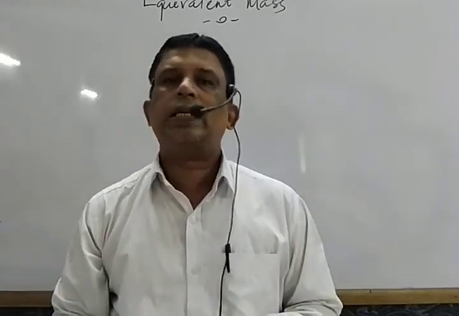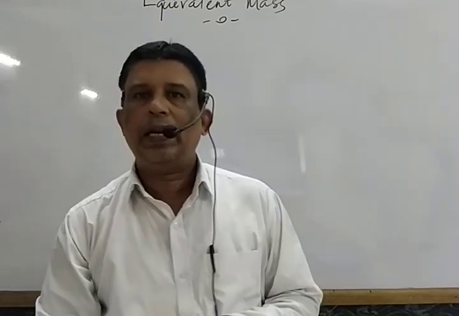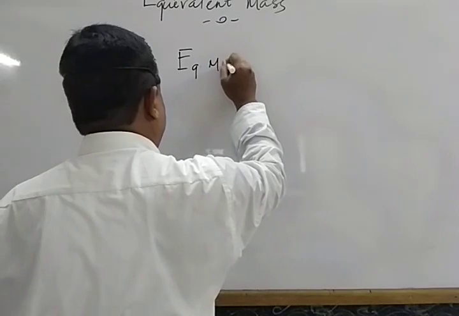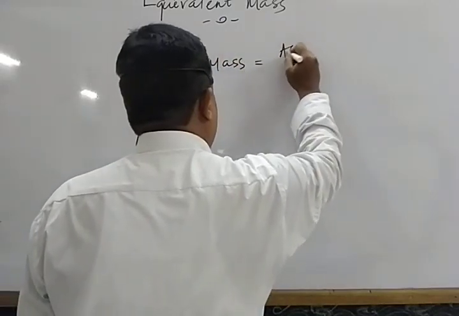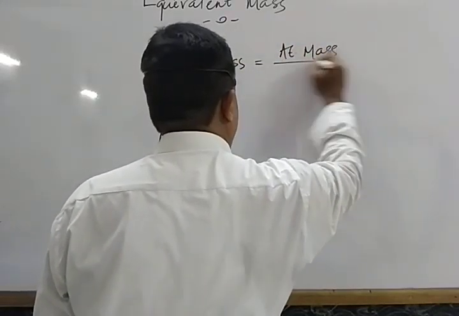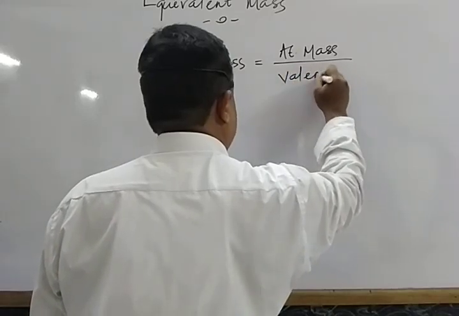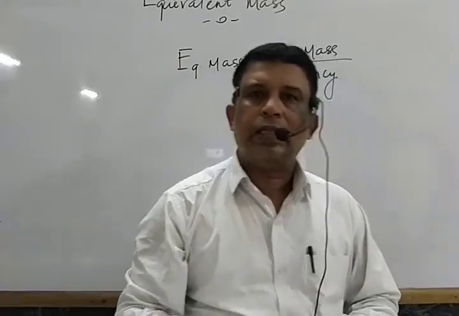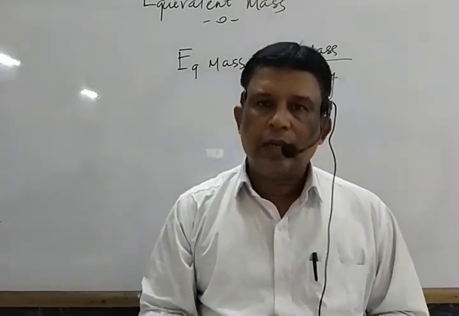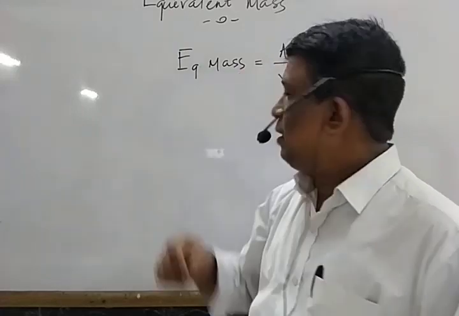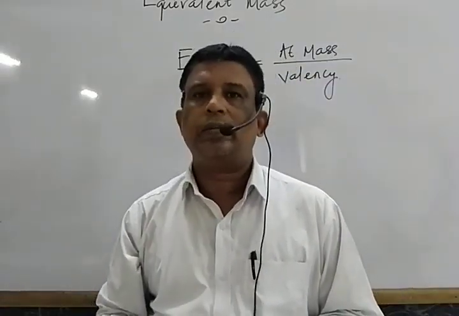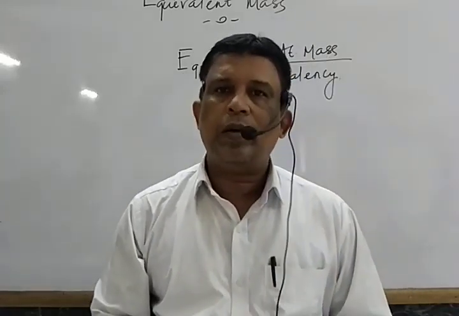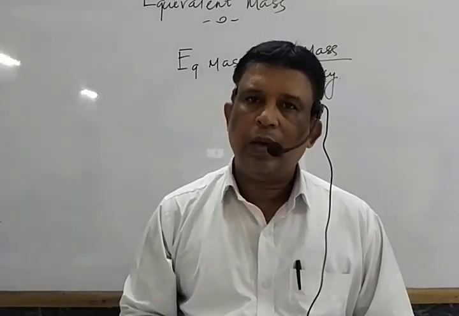It depends upon its valence. One simple definition is that equivalent mass is equal to atomic mass by valence. Since valence is not fixed, a variable one for the element, equivalent mass is equal to atomic mass by valency. And different methods are there for calculating equivalent mass. Let us discuss one by one.